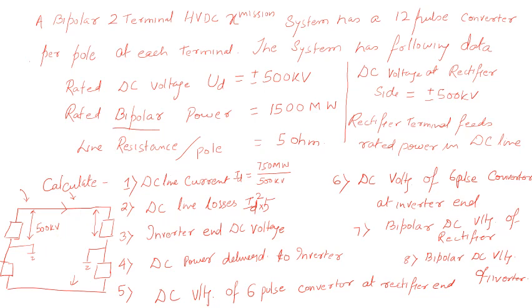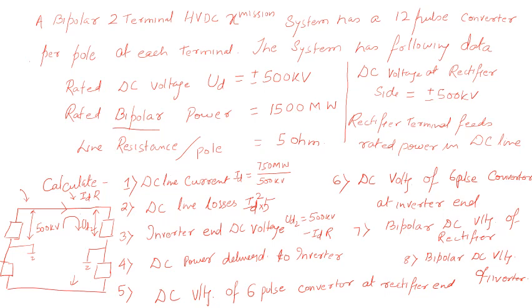On one side you have 500, and there will be a loss in the transmission line, which is ID into R. So if I want to calculate UD2, so this is UD2. UD2 is 500 kV minus ID into R. ID multiplied with R is the voltage difference.